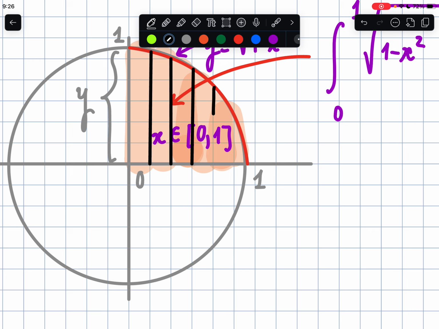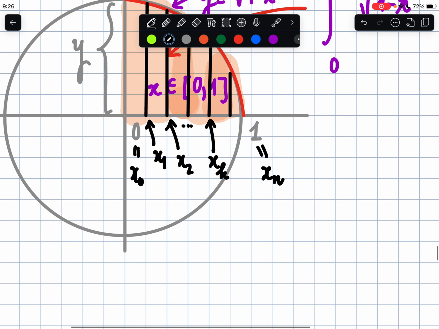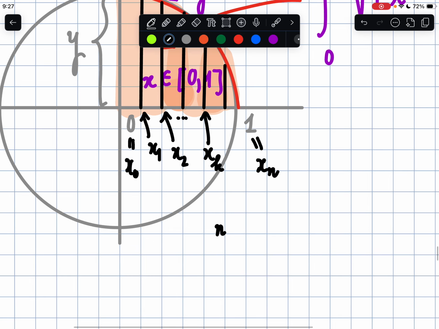And we choose x0 to be 0, then x1, x2, xk, and here's xn equal to 1. We have n segments like this, n pieces. So a partition of 0 to 1 into n segments.